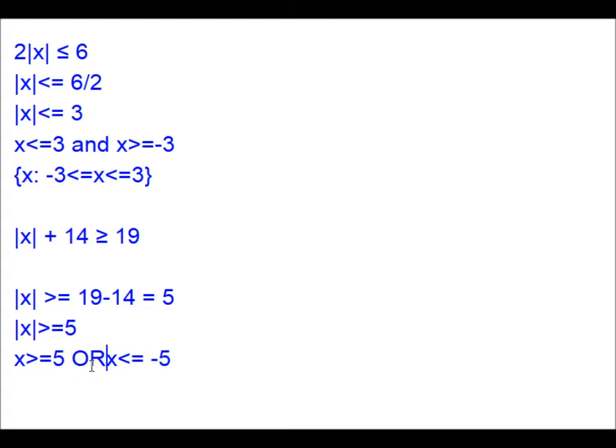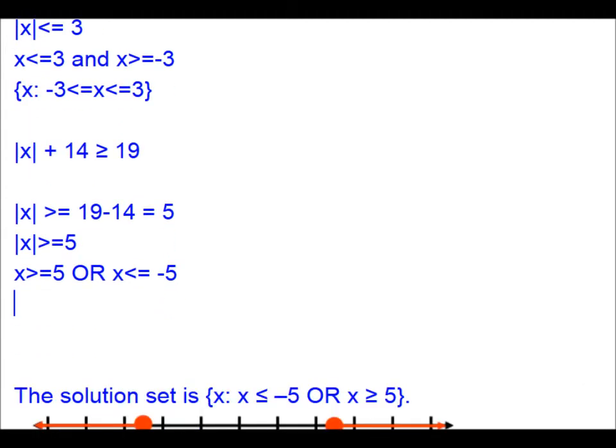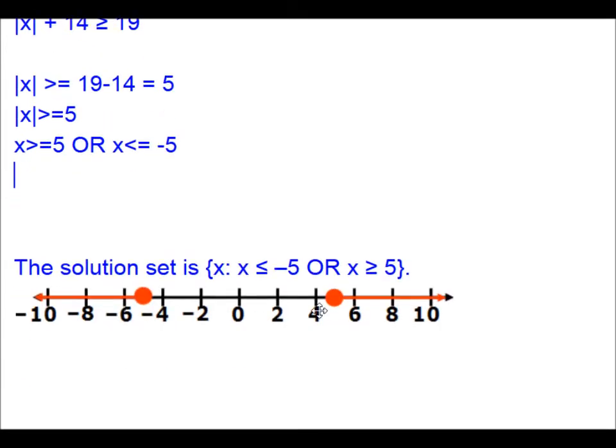Here the word or will come because it does not have a common solution. It says x is either greater than or equal to 5 or x is less than or equal to -5. So it is including -5 and 5 but on the opposite sides of the number line.